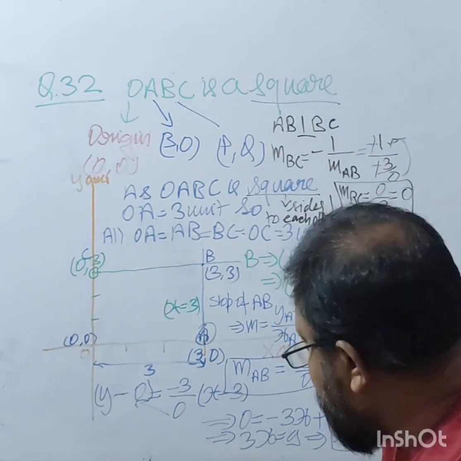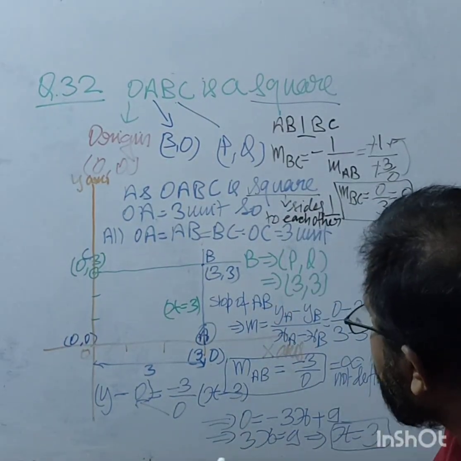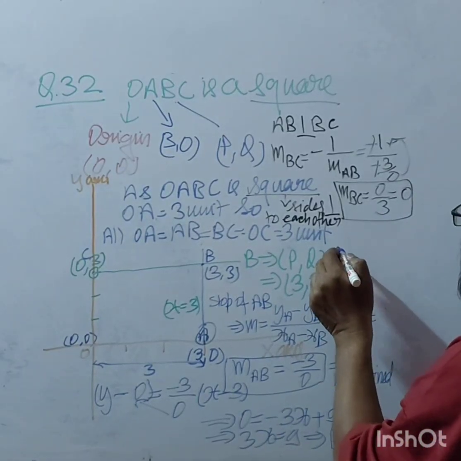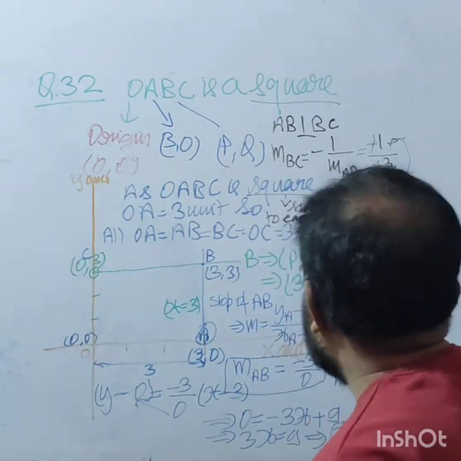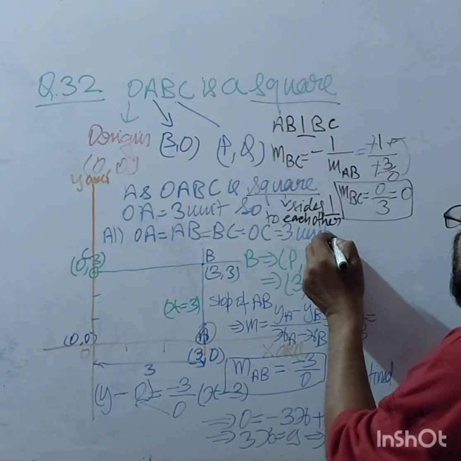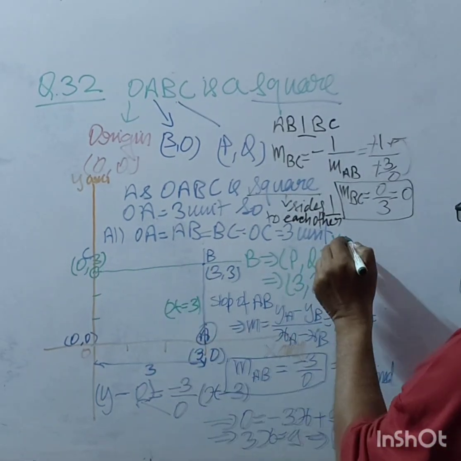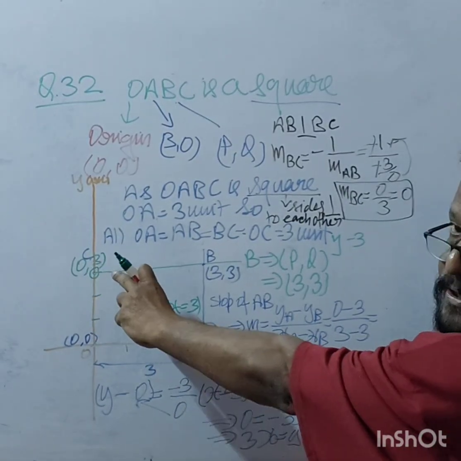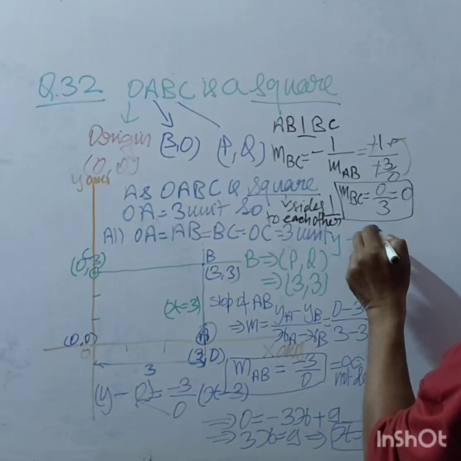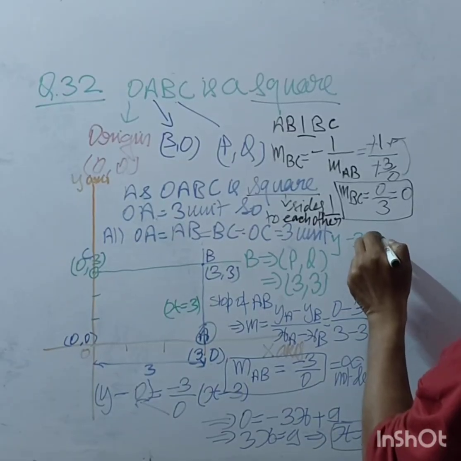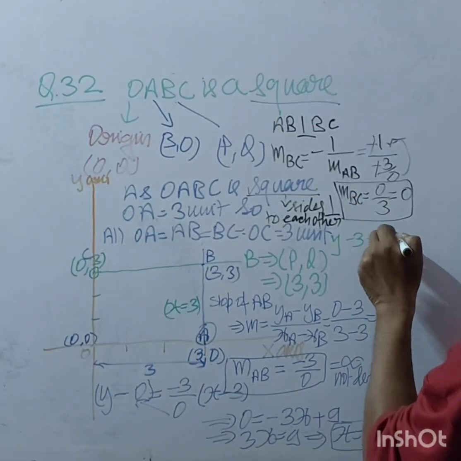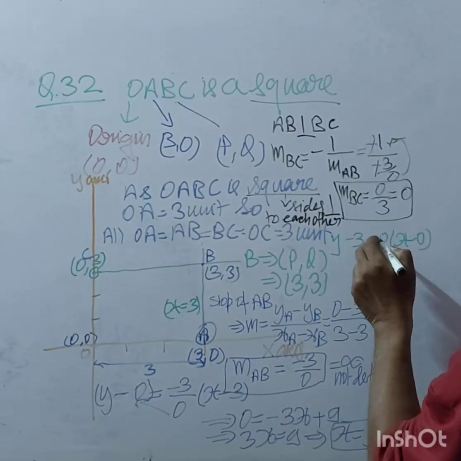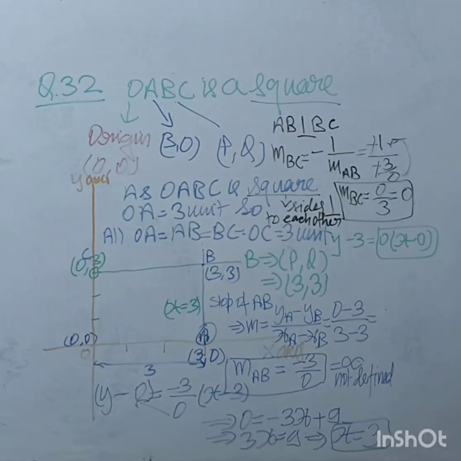So MBC is 0. Now again you do the same thing. We put y minus 3, taking the coordinates of C. Y minus 3 is equal to 0 bracket x minus 0. So this whole turns to be 0, right?